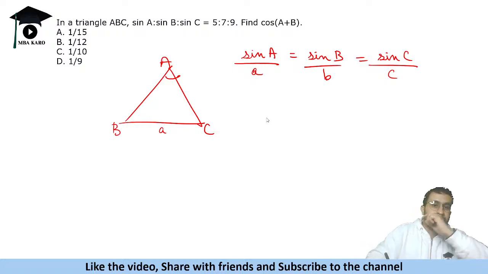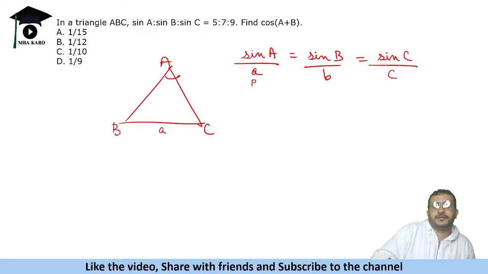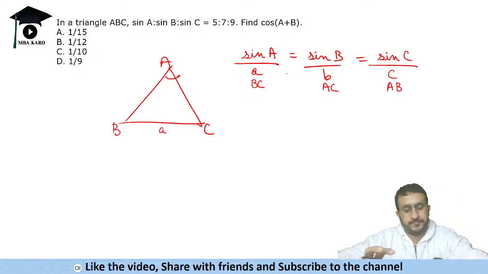So a means the side BC, b means the side AC, and c means the side AB, the sides opposite to them.